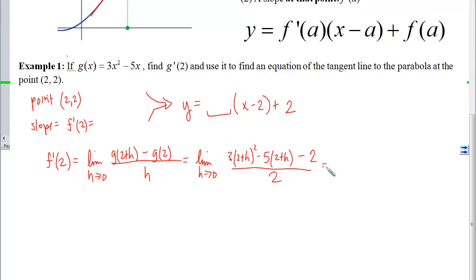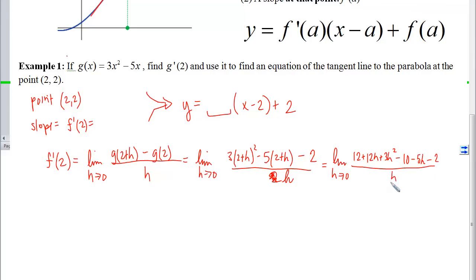If I now multiply this all out, because, oops, that should be an h on the bottom, so that I can get rid of that h, I will have 3 times 4 plus 4h plus h squared, which is 12 plus 12h plus 3h squared. Then I distribute the 5 and I get 10 and a negative 5h, and then I'm subtracting 2.